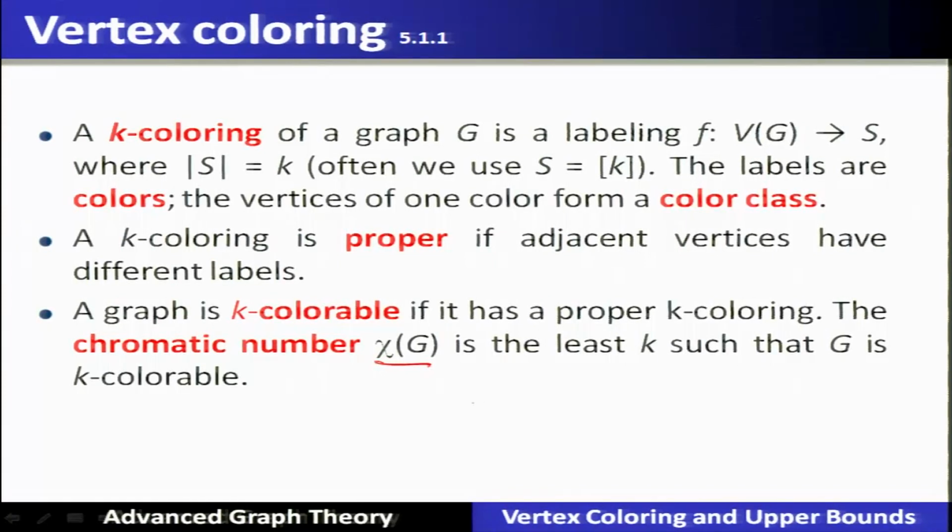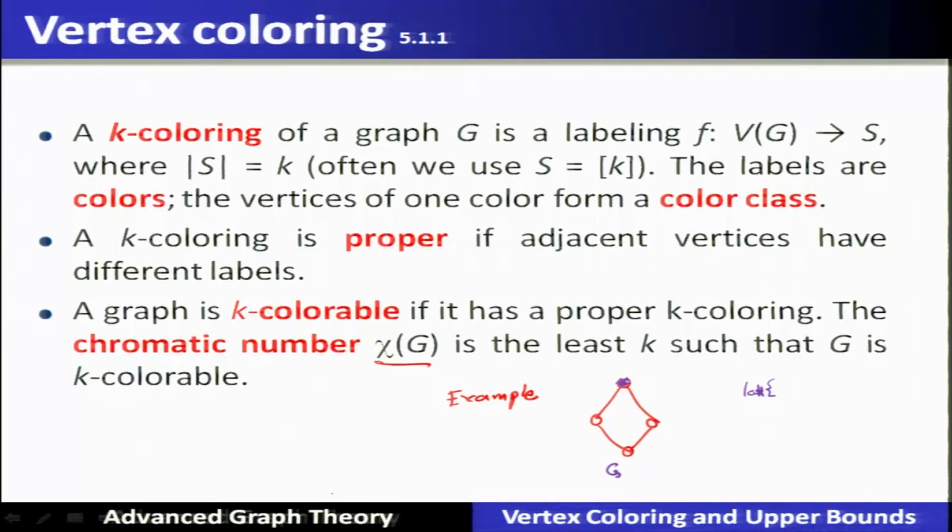So take this example. Let us take a graph having 4 vertices. Now we do the labeling. Let us see how many labels are required for this graph G. This labeling is proper if the adjacent vertices receive different colors.